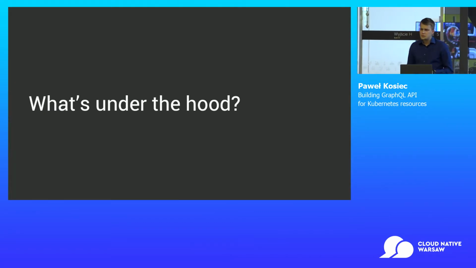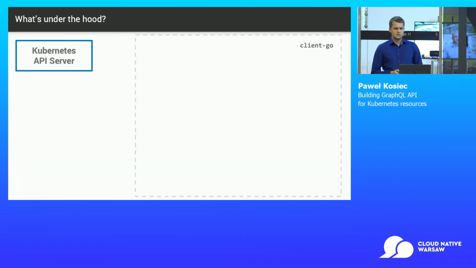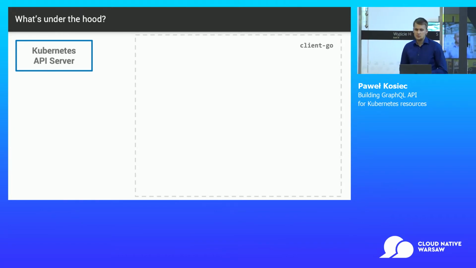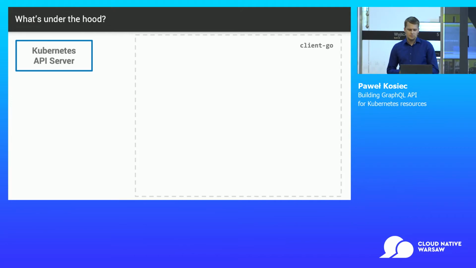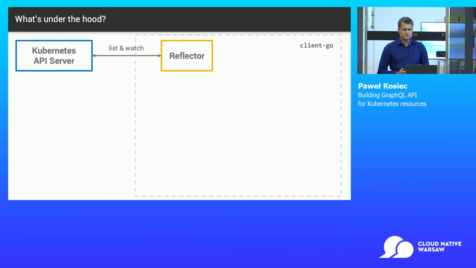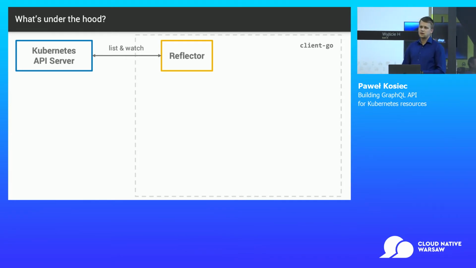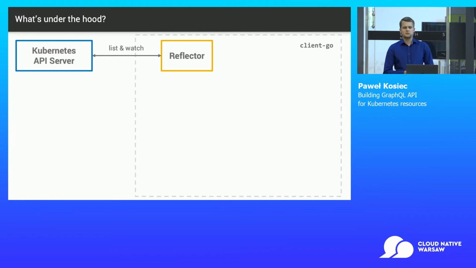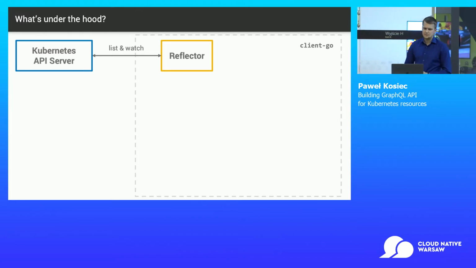So you're probably wondering what's under the hood. To give you an overview of how it works, you can see there is a Kubernetes API server and the client Go package, and first we have a reflector, which lists and watches for updates on the Kubernetes API server.